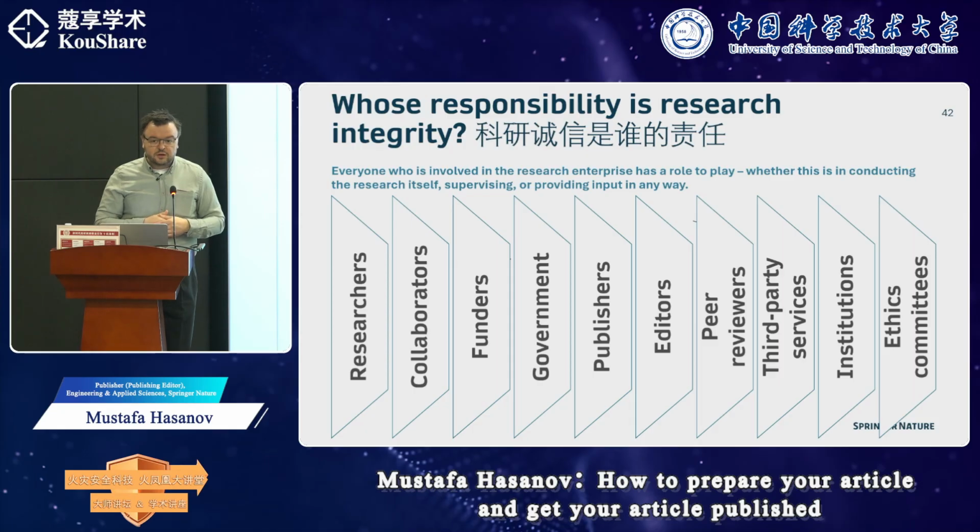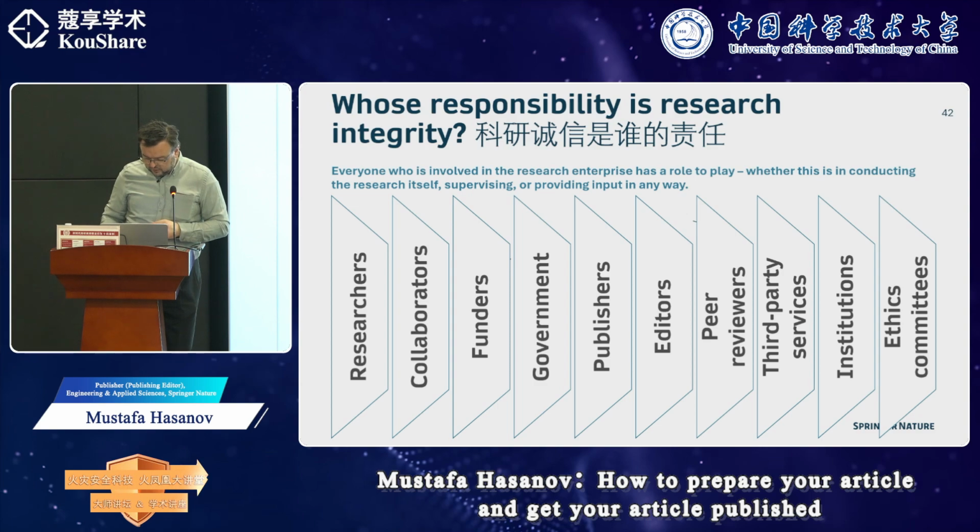So when I talk about research integrity, today I'm going to talk more on the Springer side, and on how we see things at Springer. But those are also industry-shared insights when it comes to international academic publishing. And I say this because I know that in some countries the responsibilities are shared differently.